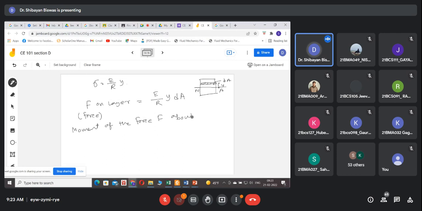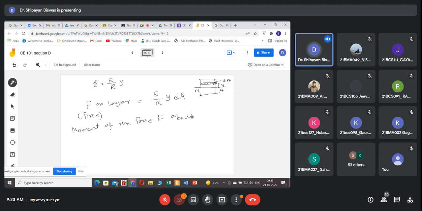Now, section modulus, Z, can be defined as this I of the section, or the moment of inertia of the section, divided by the distance of the outermost layer from the neutral axis.